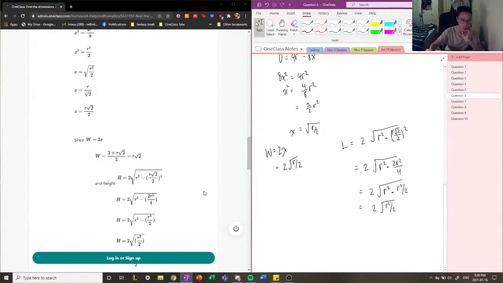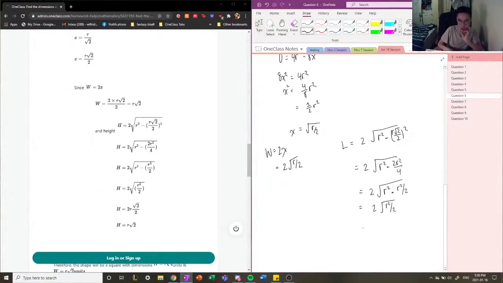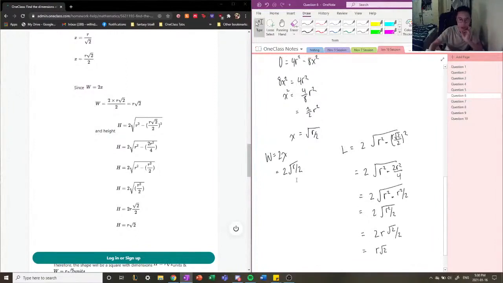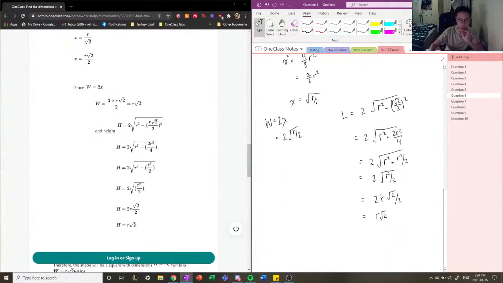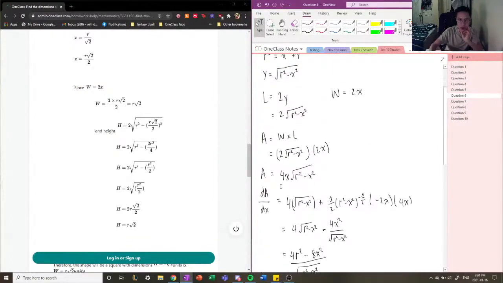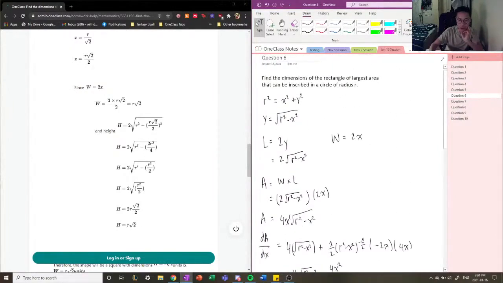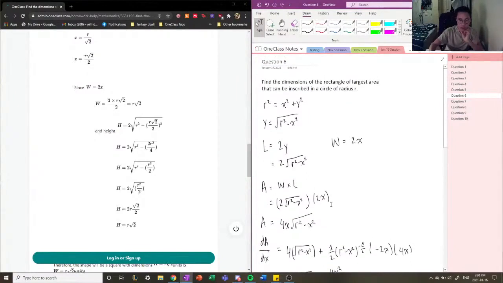Okay, and if we keep going with this, we would get 2r times root 2 divided by 2, and we will get r times root 2. Okay, so these are the dimensions that will maximize the area according to the function that we have derived based on using the Pythagorean theorem and also using our area formula, right?